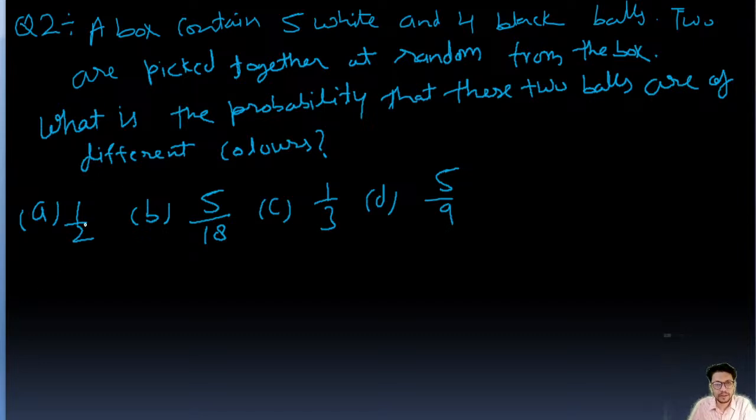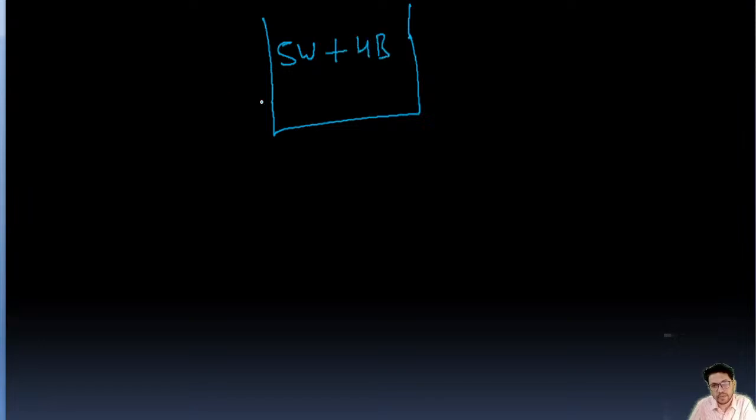Okay, so I'll solve it. This is the box, with 5 white balls and 4 black balls, and 2 are picked up randomly.